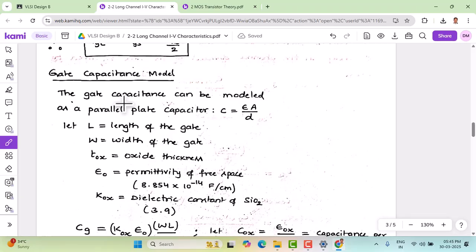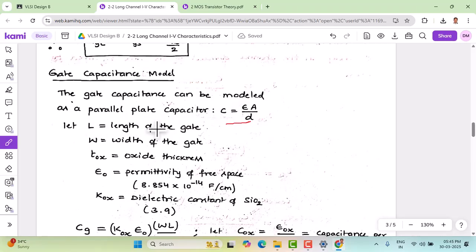Now let us apply the gate capacitance model to the NMOS transistor and derive the equation for the gate capacitance. The gate capacitance can be modeled as a parallel plate capacitor. We know the standard expression: the capacitance is given by epsilon times area divided by the distance between the two plates. Let us apply this to the MOSFET.